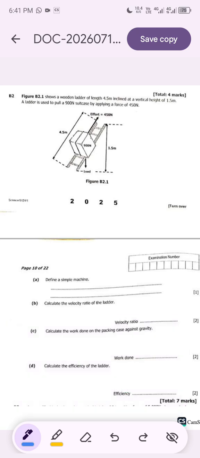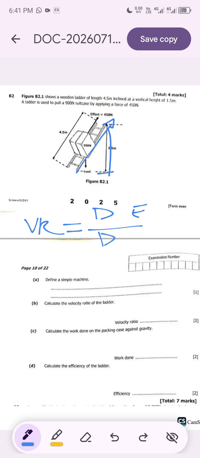This is the distance moved by the effort. And the distance moved by the load is basically this height. So when calculating the velocity ratio, we say distance moved by effort divided by distance moved by load.